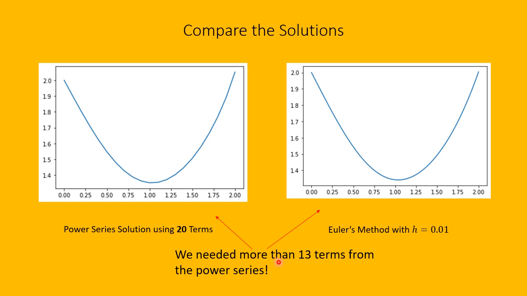So if we wanted to derive some inequalities to tell us how close these solutions are, it would probably require a lot of work, which we're not going to do today. But in any case, we can see at least that 13 terms were not enough. 20 terms were about enough to get a solution that was fairly accurate.